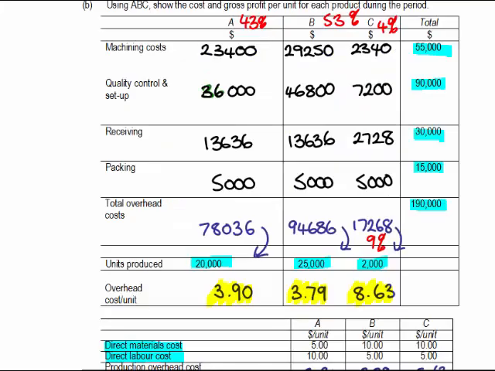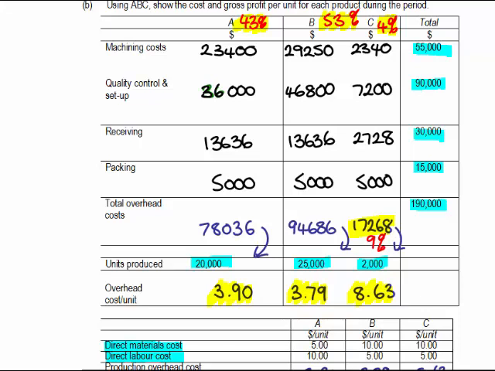So why has this actually happened then? Well, let's just have a look back at our volumes again. You can see that if we actually looked at the percentage of the volume of A, B and C, we only make 2,000 units of product C, and that equates to only 4% of our production. Now, the 17268 is actually 9% of the total overhead cost.